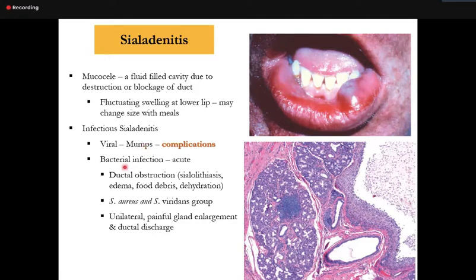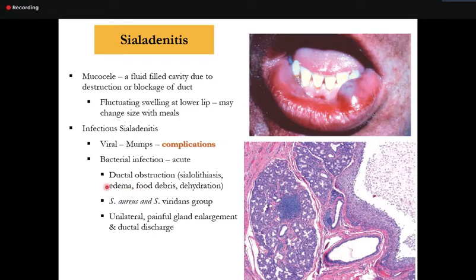Now, bacterial infections, when they are acute, are usually because of ductal obstruction. And ductal obstruction may be caused by sialolithiasis. Lithiasis is stone. Stone in the salivary gland duct is sialolithiasis.